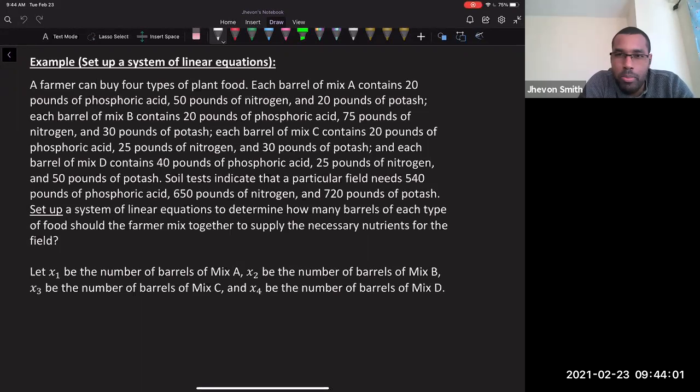How do they buy them? How do they mix and match them? That's why he comes to us for help, the math people. We're going to tell him what equations he needs to solve in order to figure out how many he needs to buy.